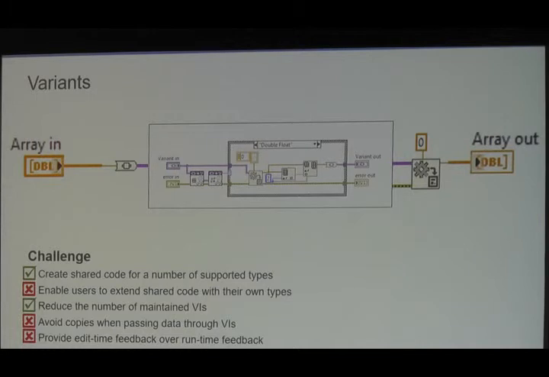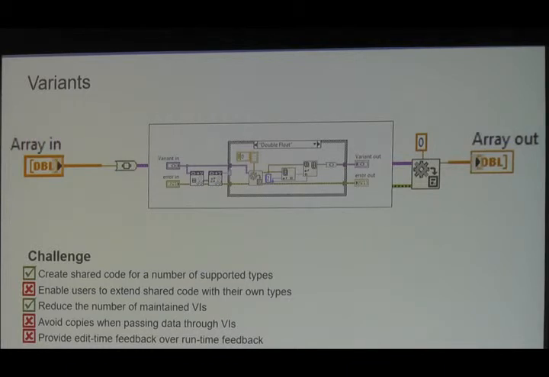I'm guilty of this. But this doesn't do a great job of enabling users to extend shared code with their own types, because if you look, the type handling is inside this block. So who gets to extend it, who gets to change it whenever someone wants a new type? Back to the framework developer, usually.